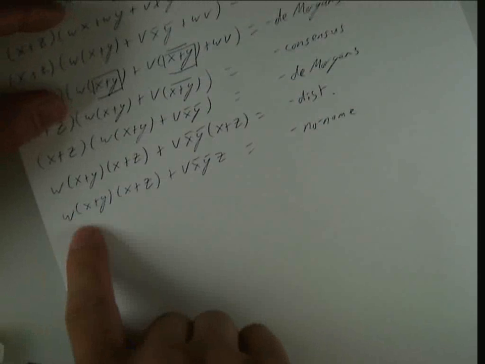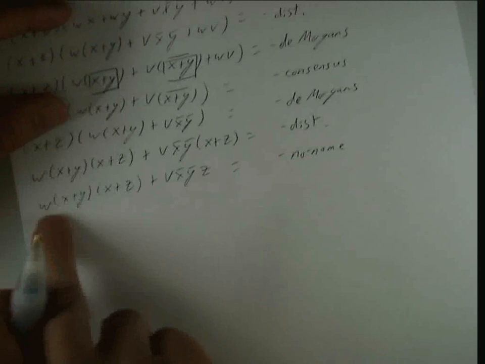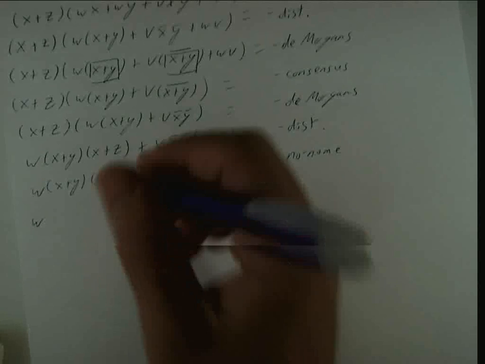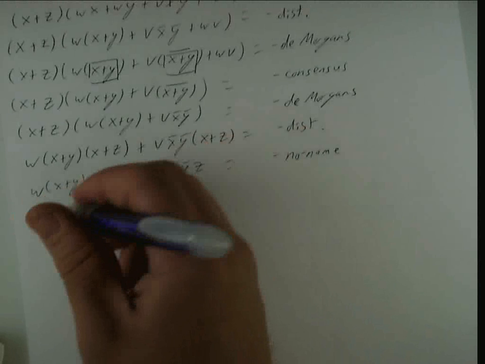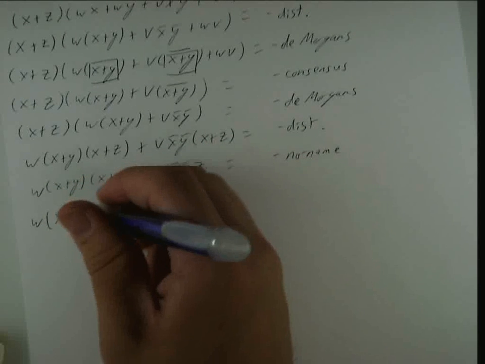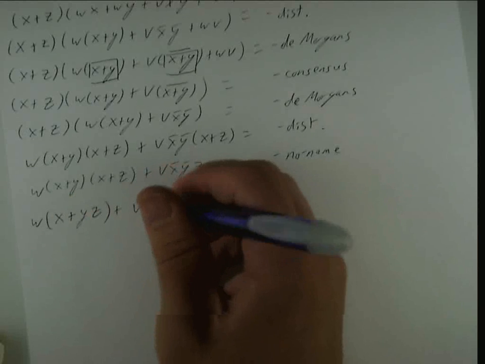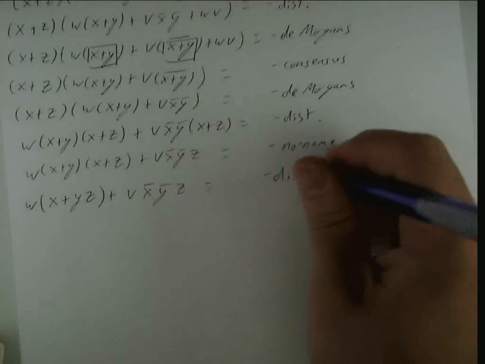Okay, and looking at this, I can factor out an or out of the x or out of each of these. So that becomes w. Is that right? So that's going to be x or yz. So that's actually done. So v x bar y bar z, and that's using distribution.